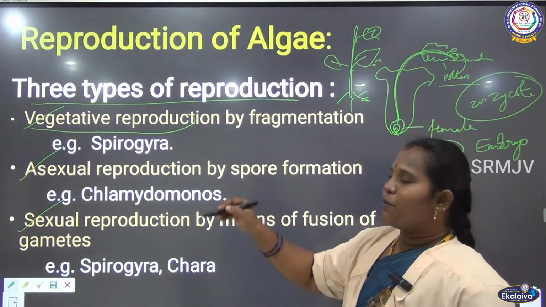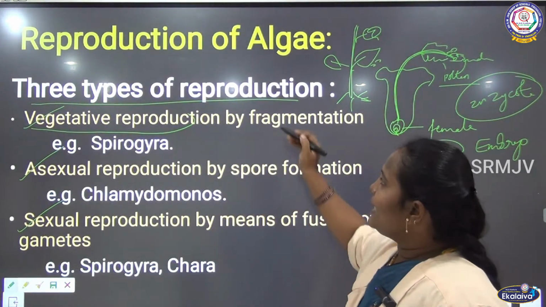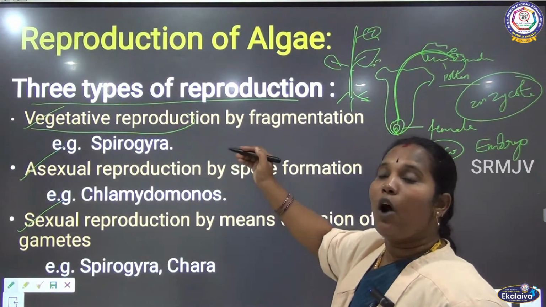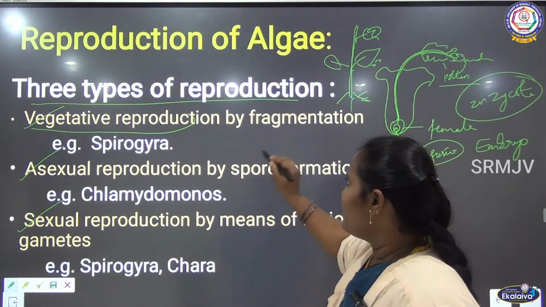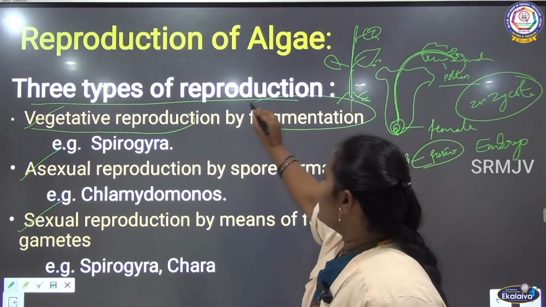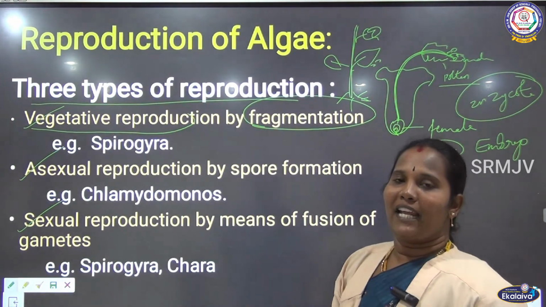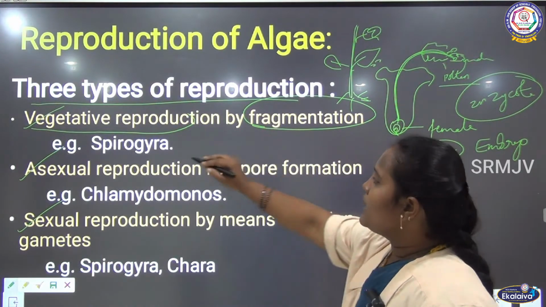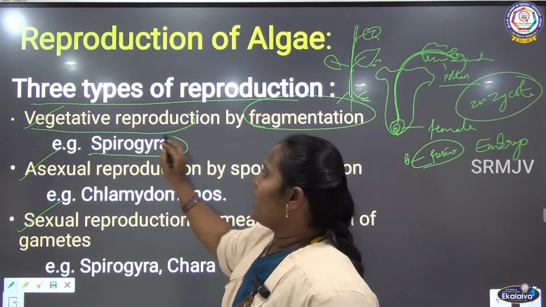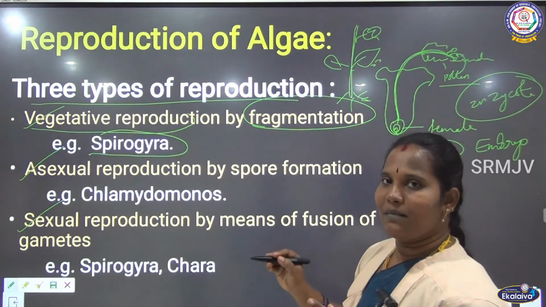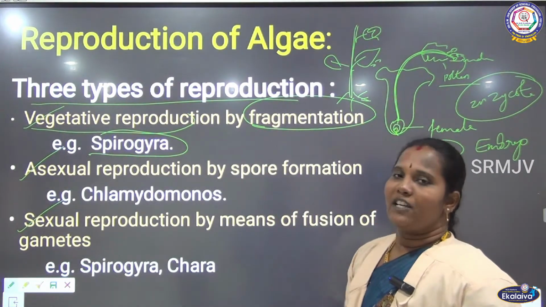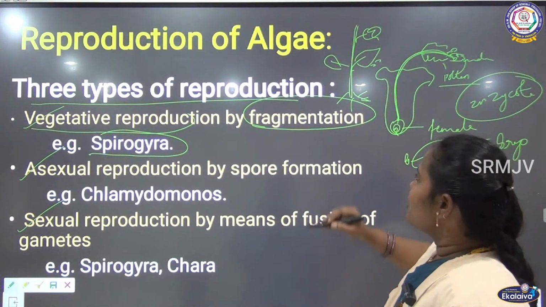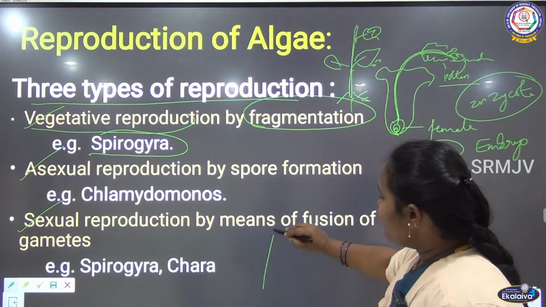How does this vegetative reproduction happen in algae? Algae do vegetative reproduction by fragmentation. What is fragmentation? You know that, no? Here they have given the example of Spirogyra. The Spirogyra organism is the example for fragmentation.